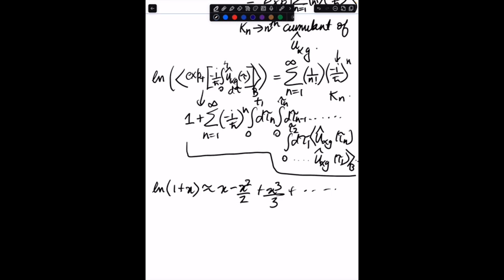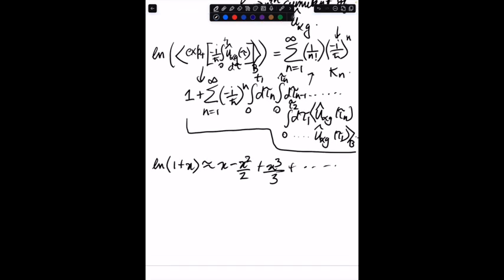So to calculate K1, which is the first cumulant on the right side, please pay attention here. You have to consider n equal to 1. So you get minus i upon h bar times K1, which is the first cumulant. And from the left hand side, using the ln 1 plus x expression, you will only have to consider the n equal to 1 term from here.